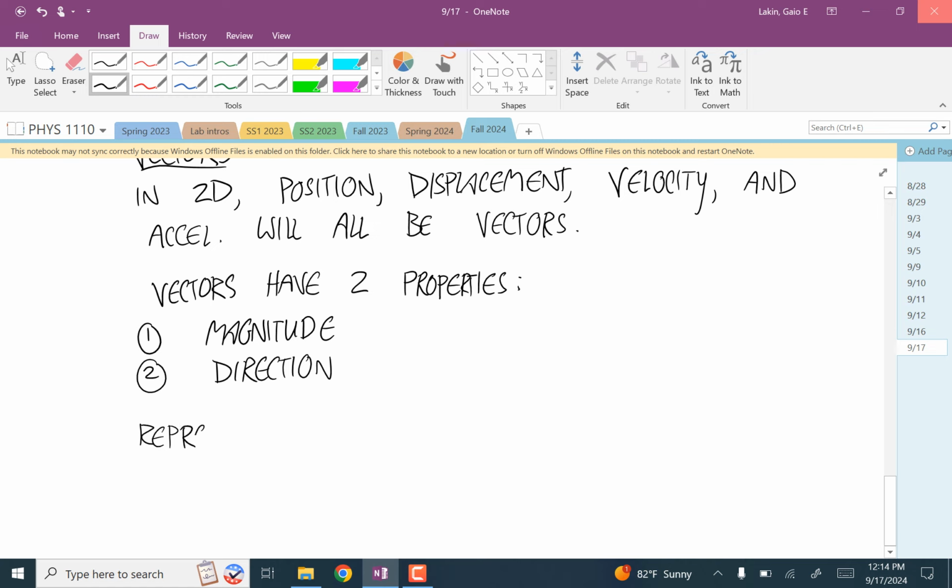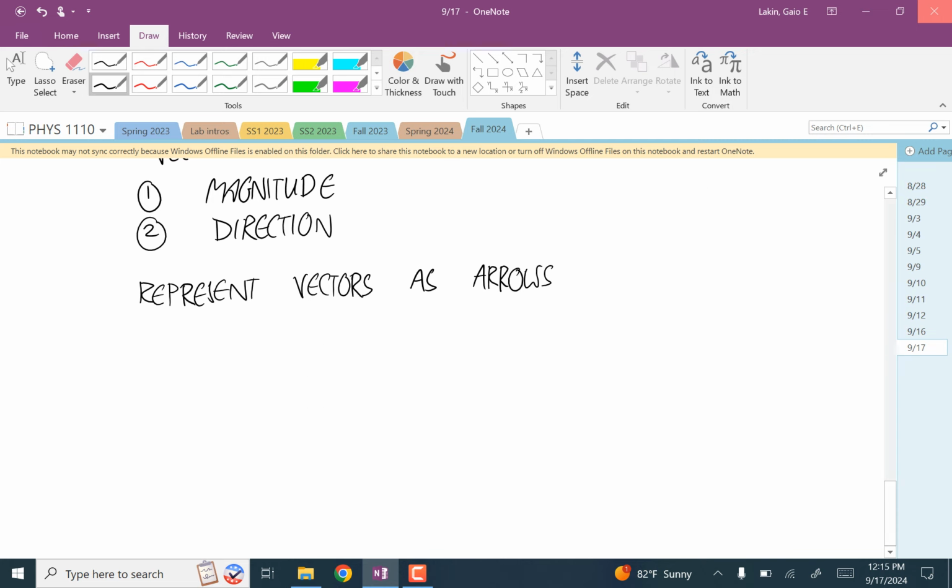So we'll always represent vectors as arrows. So for example, this could represent a vector. As far as naming goes, the end without a point is going to be called the tail.